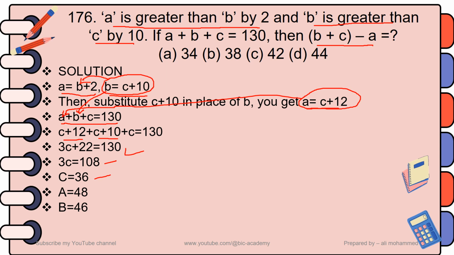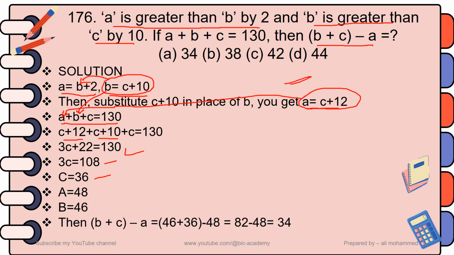Now it is again very easy to calculate the value of the given equation, B plus C minus A. Then it is B plus C in a bracket minus A. Now substitute the values of B, C, and A in their respective places.